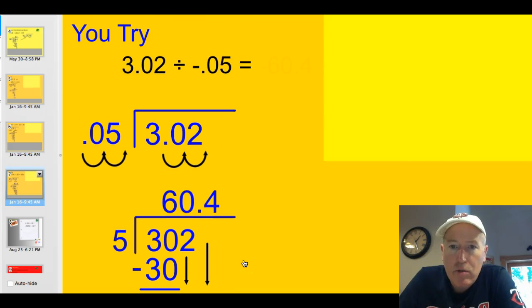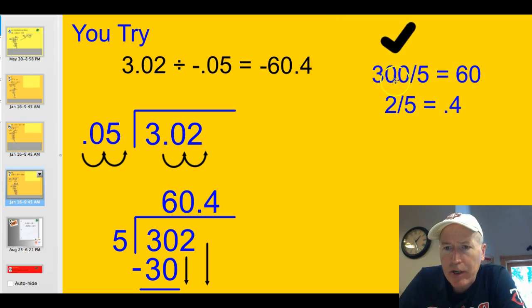Now I still have to determine whether that's positive or negative, but up here I had a positive divided by a negative, so I should have a negative answer. Do a quick check here. Looking at this one here, I just kind of knew that 300 divided by 5 was 60. I knew that 2 divided by 5 was 0.4, so I had my quick check there. Shows me that my answer of negative 60.4 is correct.